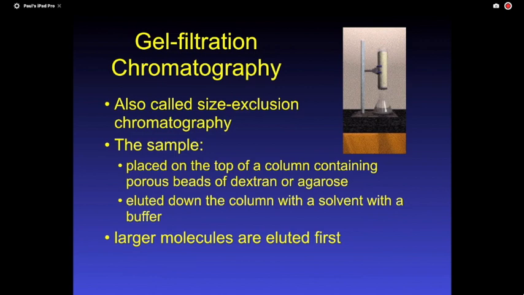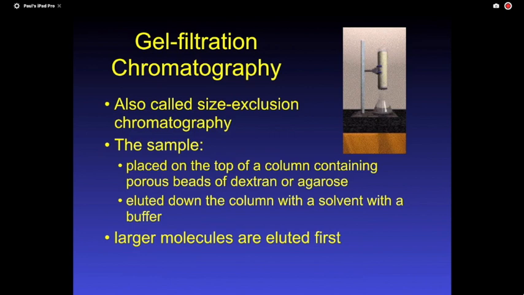In this case, largest molecules come out first, smallest molecules come out last. That's not always the order, but in this case, the order is big out first, small out last. All right.